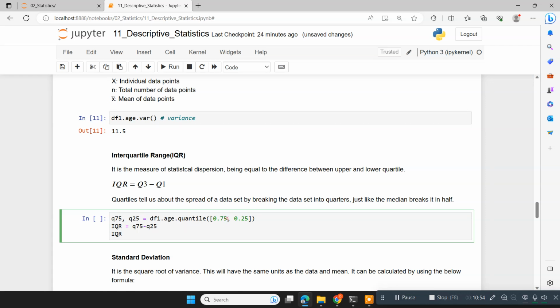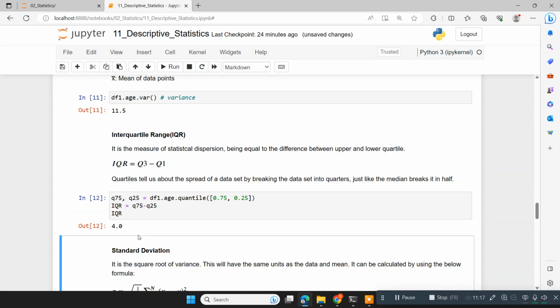Quantile 75% means quarter 3, and Q1 means 25 percentile. This will return us two values, the 25 percentile and 75 percentile, and I'm storing those values into variables q75 and q25, and then taking the difference between these two, so that gives the IQR. So the interquartile range value is 4.0.